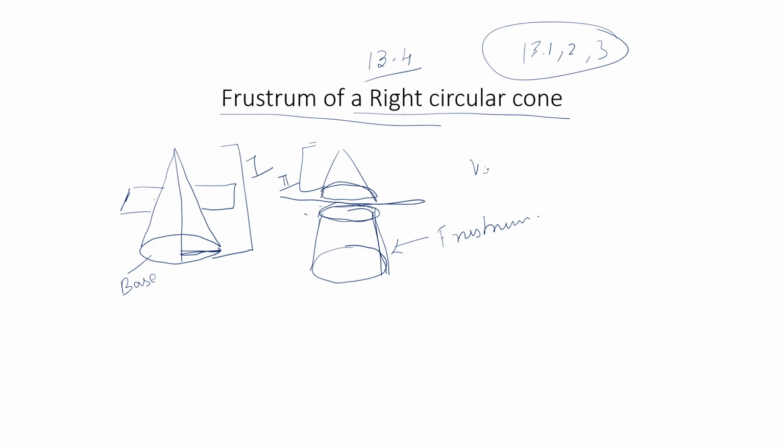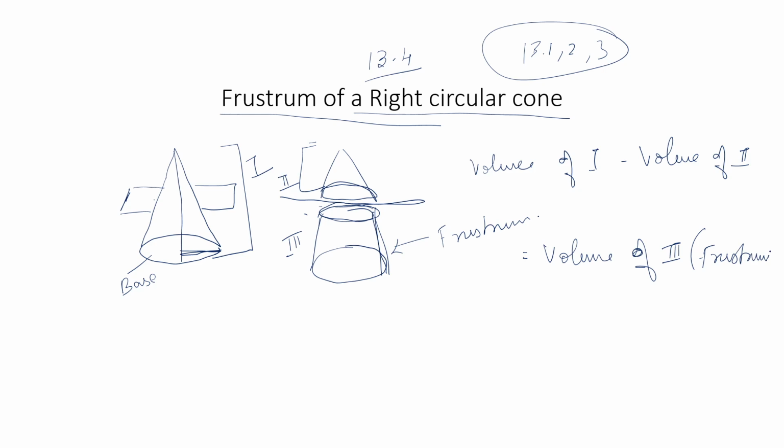If I subtract volume of 2 from volume of 1, you will get volume of 3, which is the frustum. If I remove the top volume, then I get the bottom volume, which is the frustum.